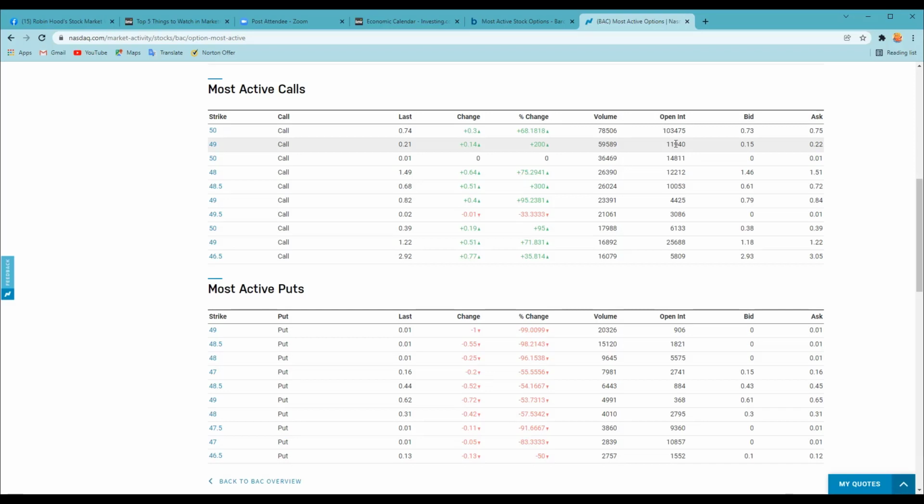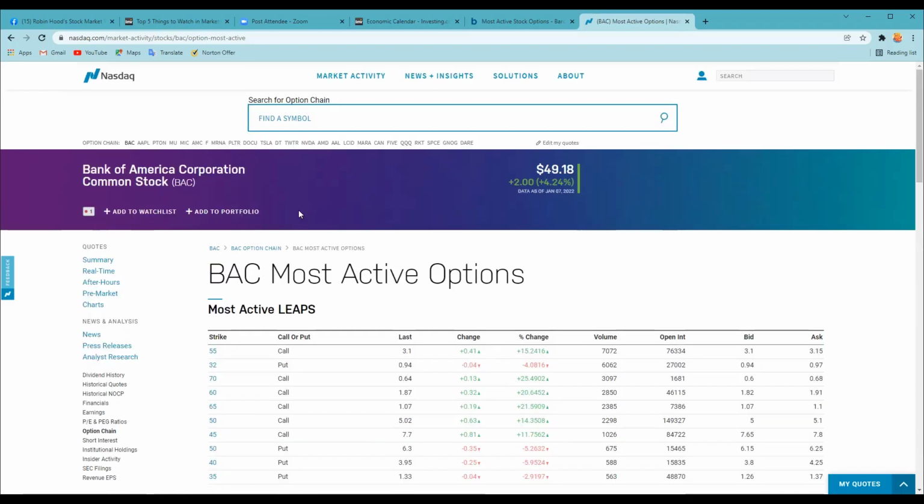What that's telling us is that at first, let's say Thursday, it had very little interest on the $49 call strike price. But now all of a sudden, we see massive, unusual buying activity of this $49 call strike price, which again, it's currently at $49.